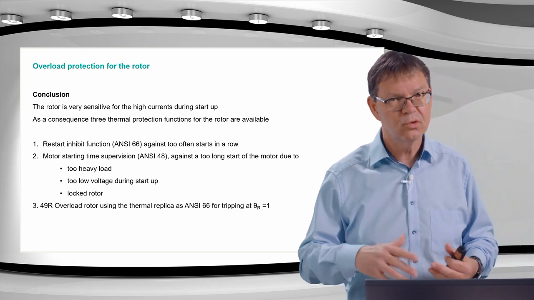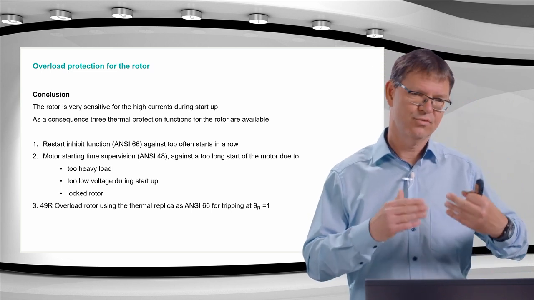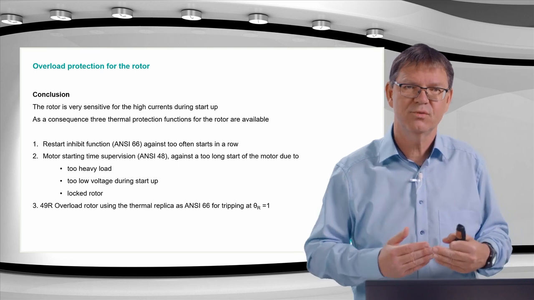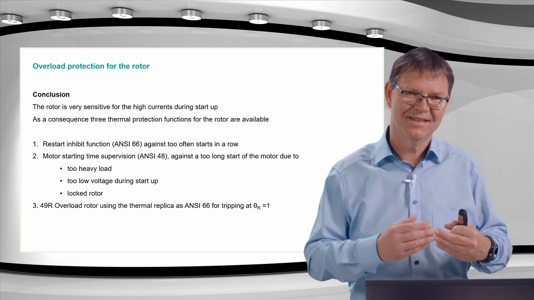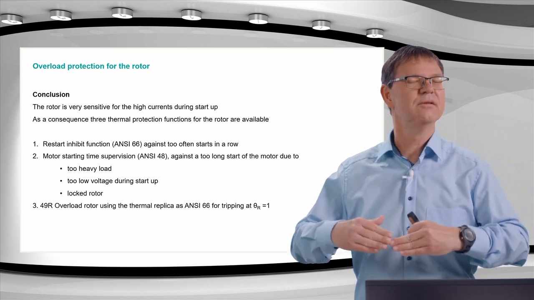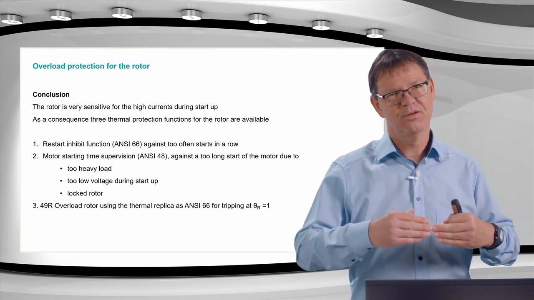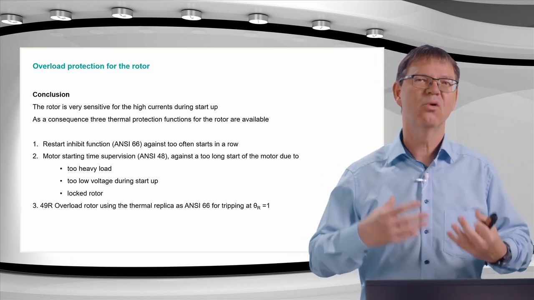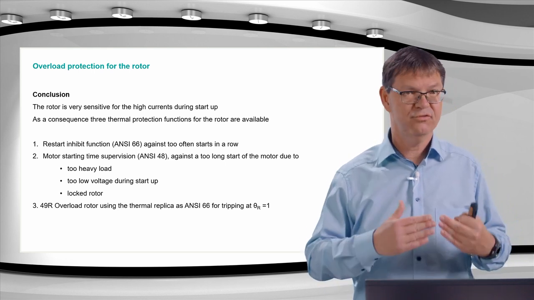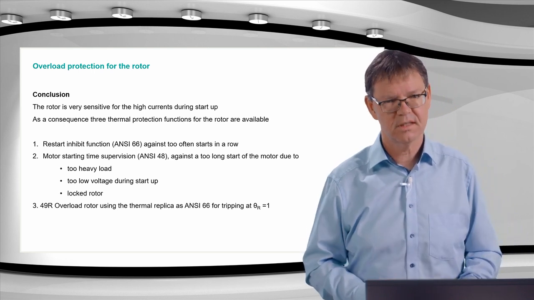So we cannot look into the future. If we reach the restart inhibit temperature threshold, we cannot understand that we could wait a little bit longer to get a lower temperature, because maybe the next start is a heavier start and will take a longer time. This we cannot do. Therefore, we assume we have regular starts with this function.